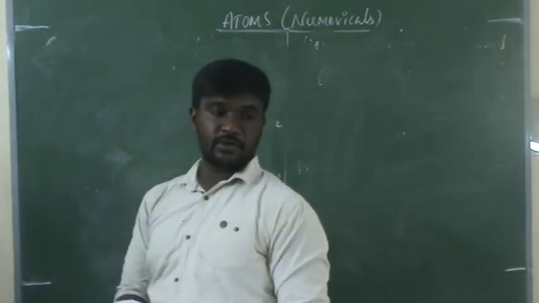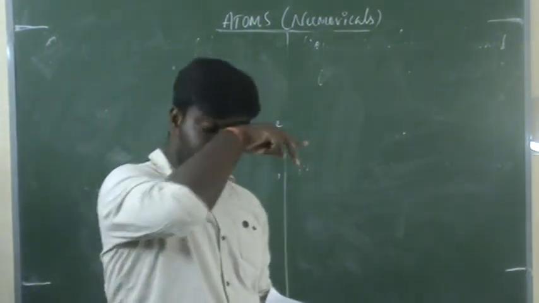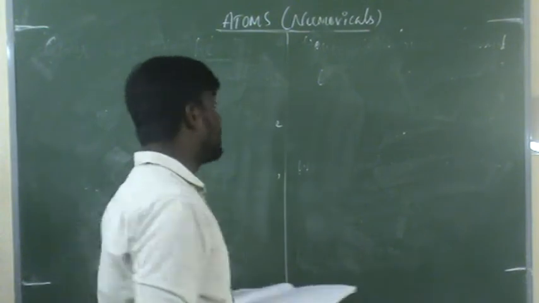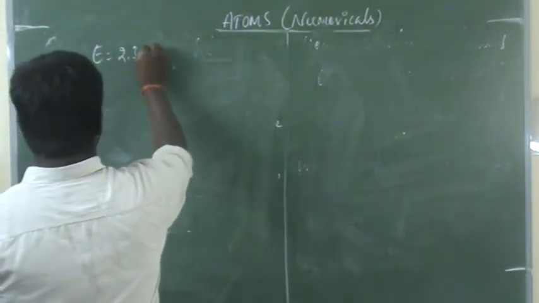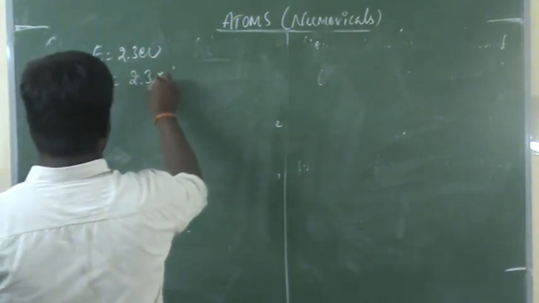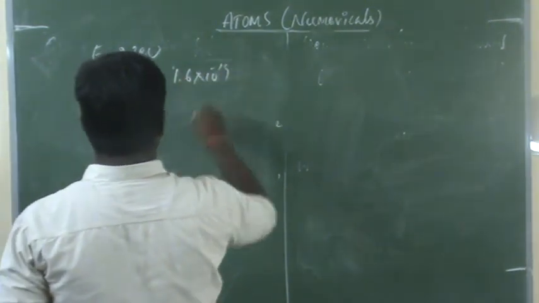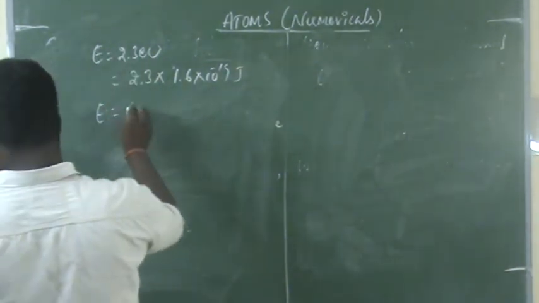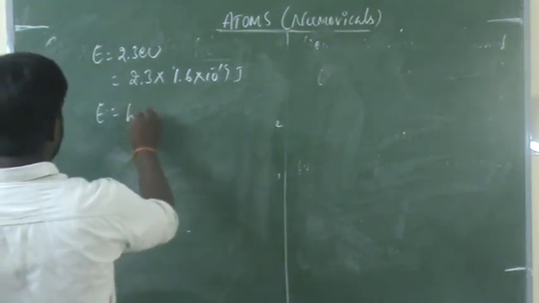So the energy is already given, and we have to calculate the frequency when the electron makes a transition from upper level to lower level. So energy equals 2.3 electron volt. 2.3 into 1.6 into 10 to the power of minus 19 joule, where E equals h nu.